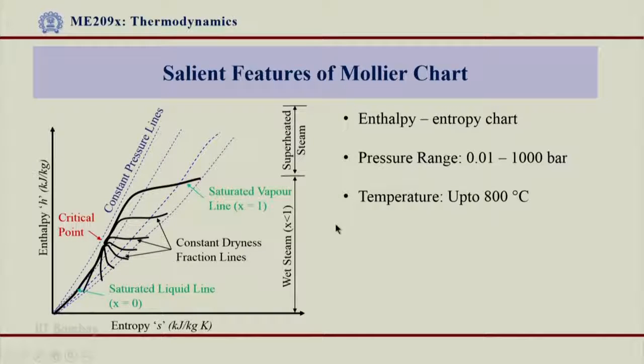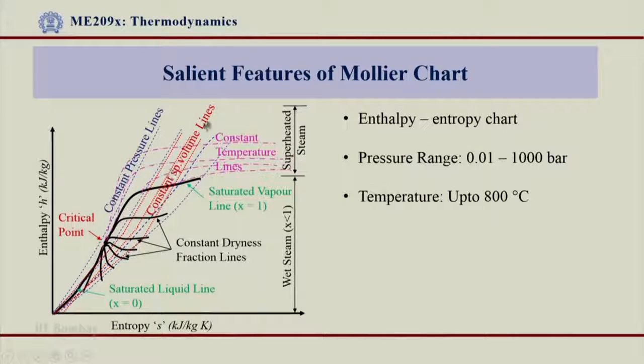In addition to that, we also have the temperature lines up to 800 degrees centigrade. You can see there are various constant temperature lines which run like this. They have not been shown over here, but you can always see that the temperature lines will go through the wet region also, and therefore, we have pressure, temperature, dryness fraction. In addition to that, we can read enthalpy and entropy from this.